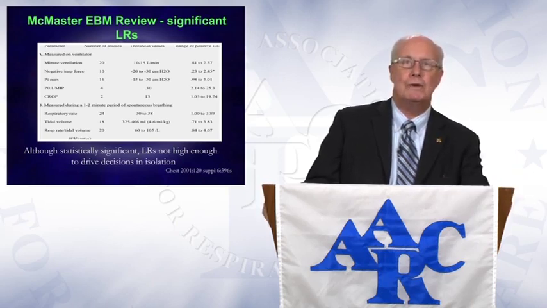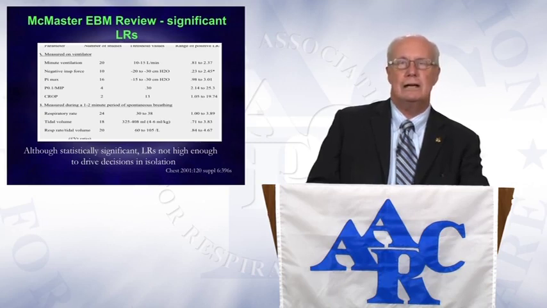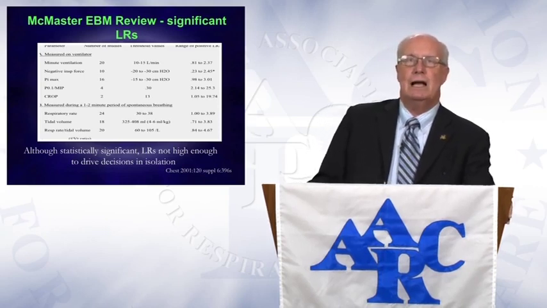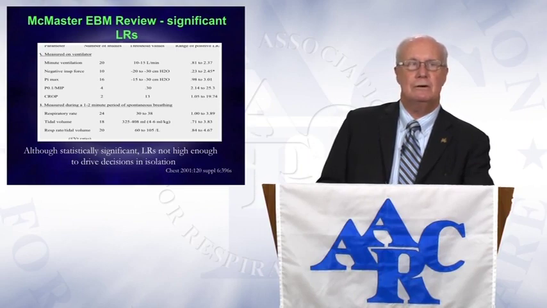And then there were 3 others that were found to be useful during a brief, couple of minute, spontaneous breathing trial. It's the respiratory rate, the tidal volume, and the respiratory rate divided by the tidal volume, the so-called F to VT ratio. Some people call it the rapid shallow breathing index. All 8 of these parameters really correlated nicely with success in getting a patient off the ventilator.